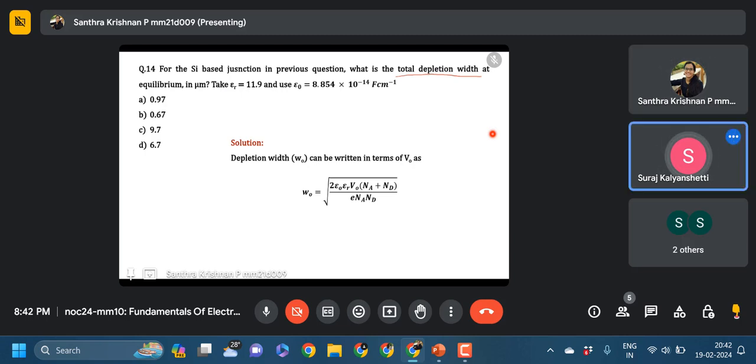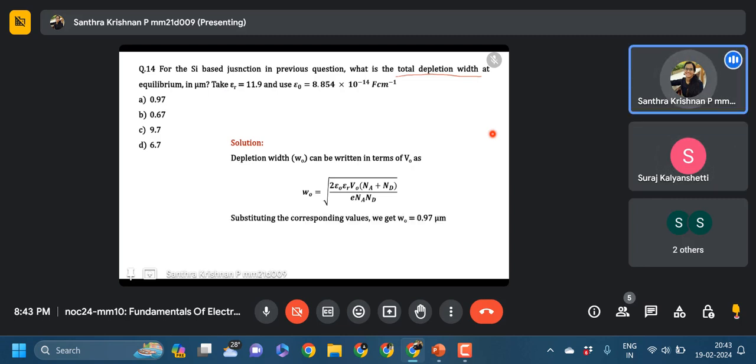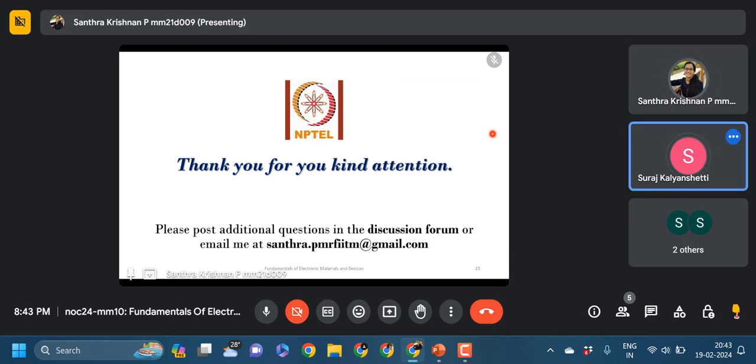Sometimes how they ask is a set of values will be given together, like Na, Nd, Ni, Eg, and as parts A, B, C they can ask for the built-in potential, depletion width, and Fermi level. So based on whatever is given in the common description, you will have to take. So that's it. This is the last question.